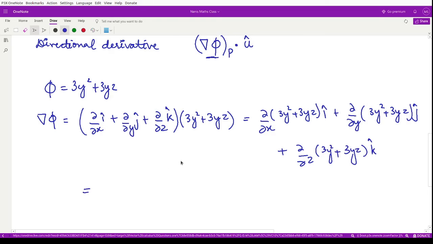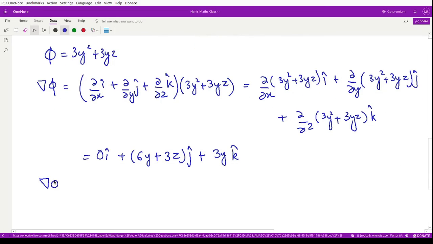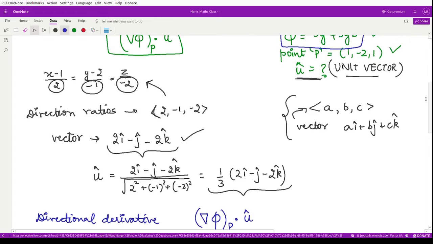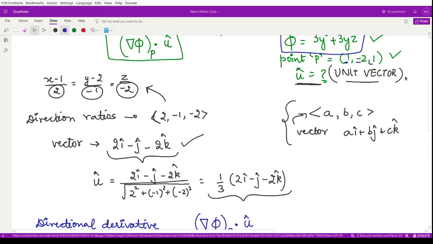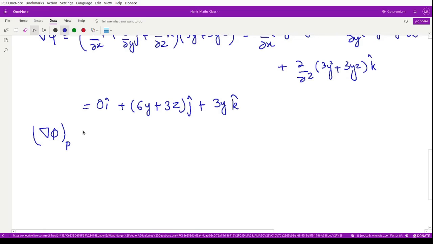So let's calculate the derivatives. In the first case, it is going to be 0. In the second case, it would be 6y plus 3z. And in the third case, it would be 3y k cap only. So this is the gradient of the given scalar function phi. Now let's compute it at the given point P, which is 1, minus 2 and 1.